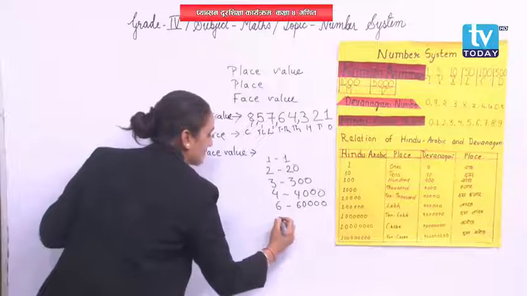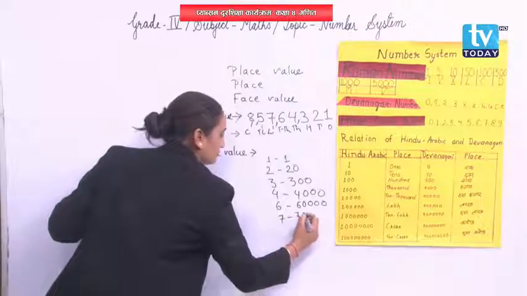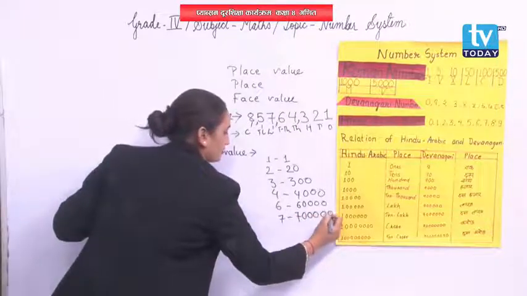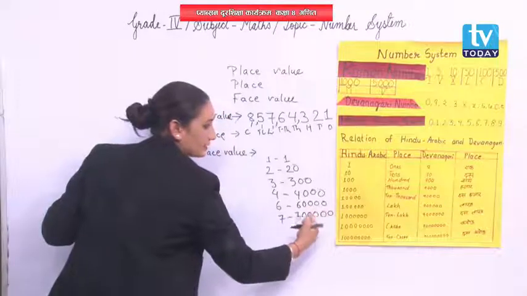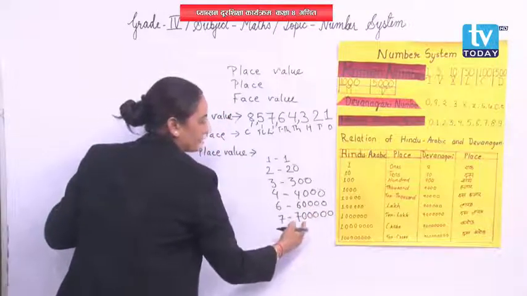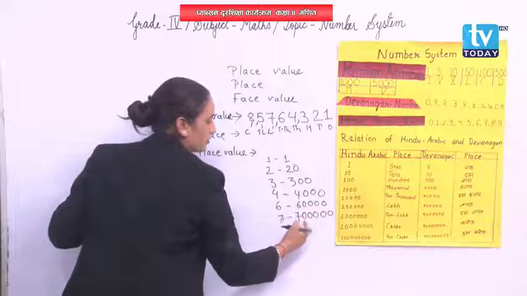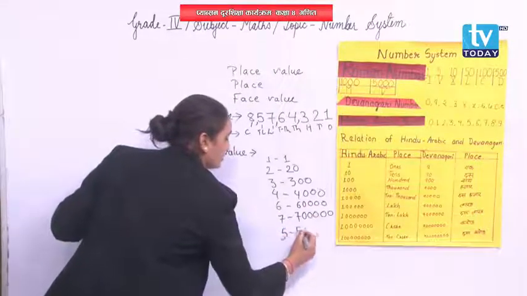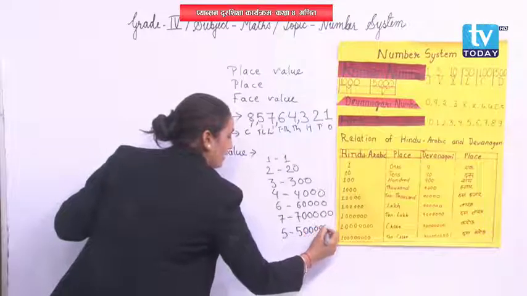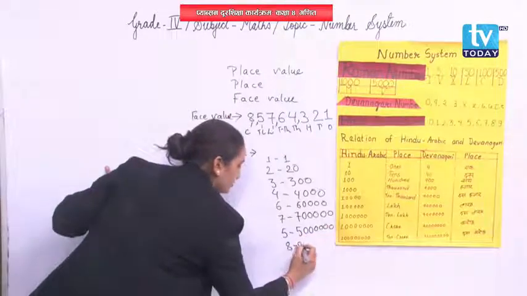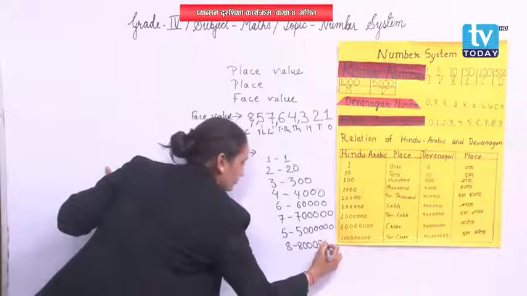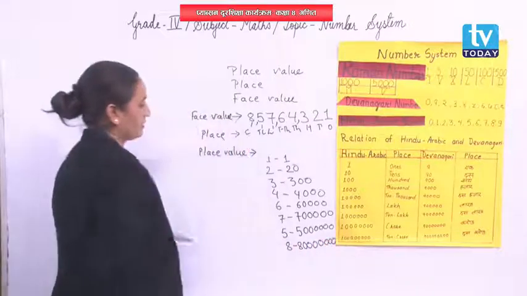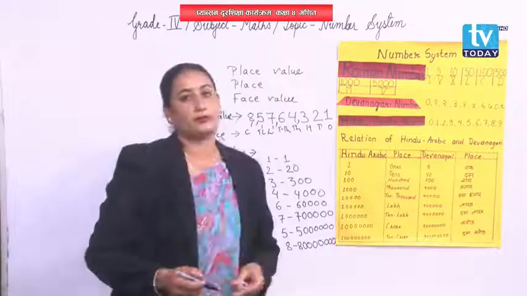Same like that, 7 is for 5 zeros. Increasing the number means increasing the zeros also. 1, 2, 3, 4, 5. So same here, 5, and for 8, 7 zeros. These are known as the place values.